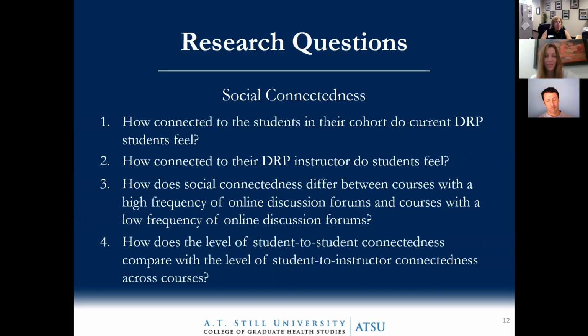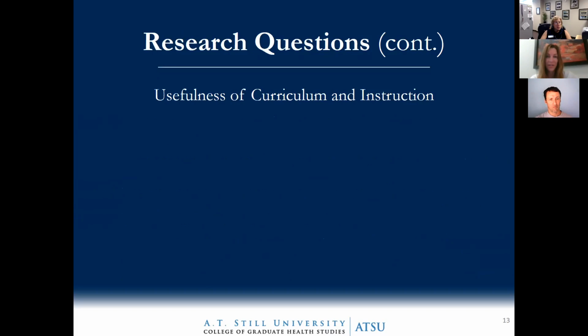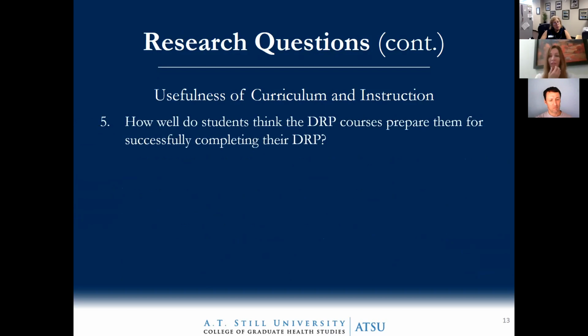And how does the level of student-to-student connectedness compare with the level of student-to-instructor connectedness across all of the courses? And then 4 more for the usefulness of the structure of the curriculum and instruction. How well do students think the DRP courses prepare them for successfully completing their DRP?